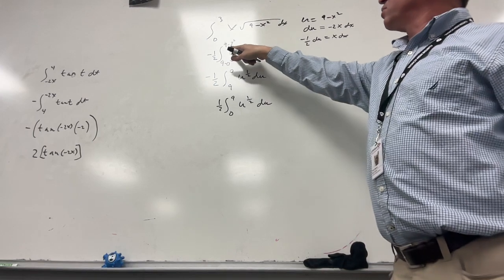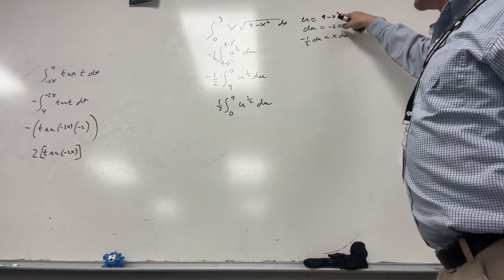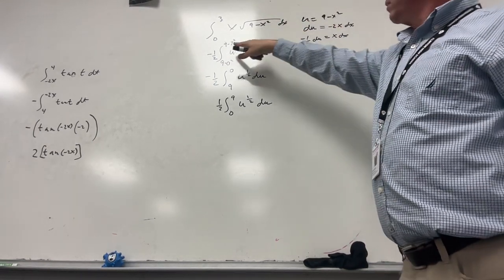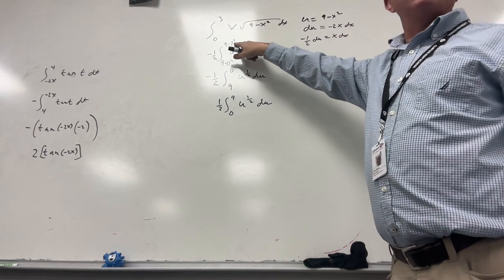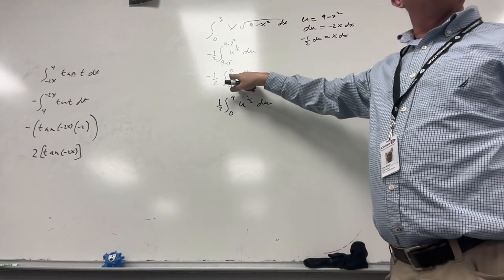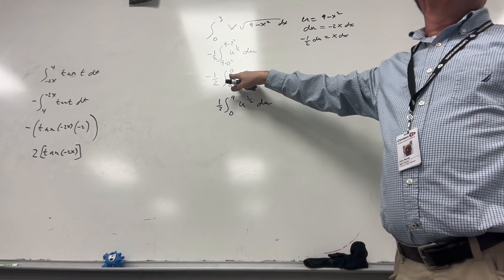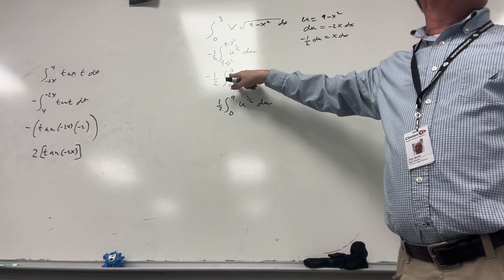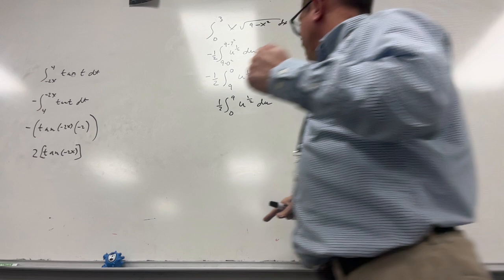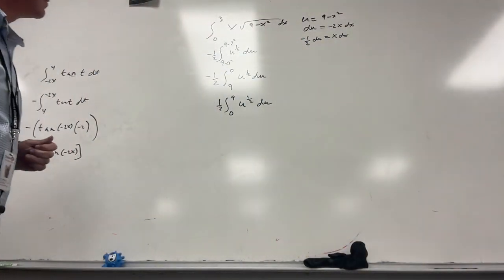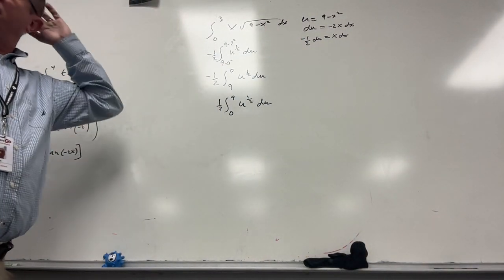In this case, it was 3. So it's 9 minus x squared, which would be 9 minus 9, which would be 0. Did I answer your question? Okay. Any other questions here? All right. And likewise with the 0 there.